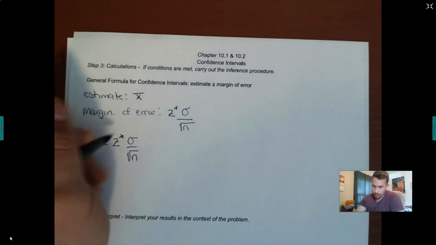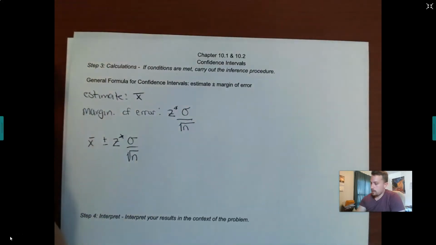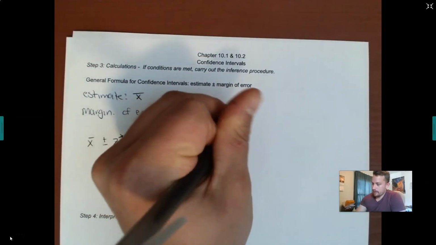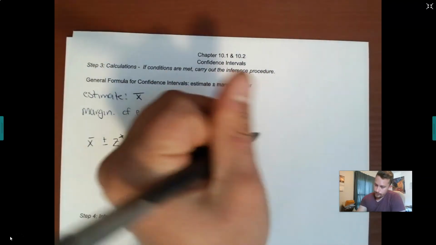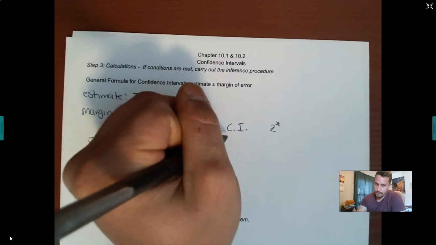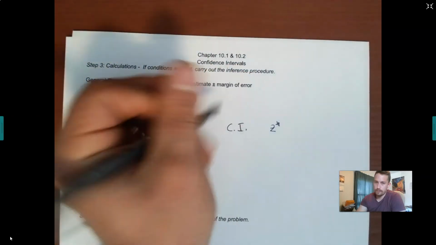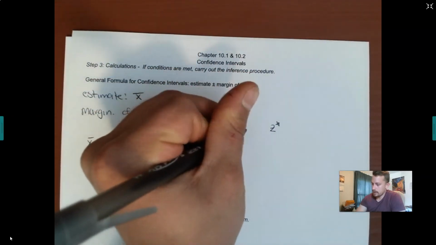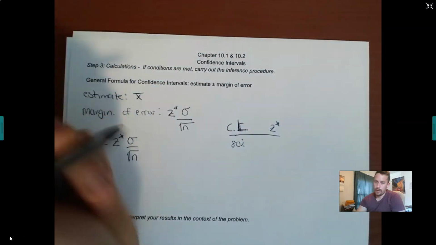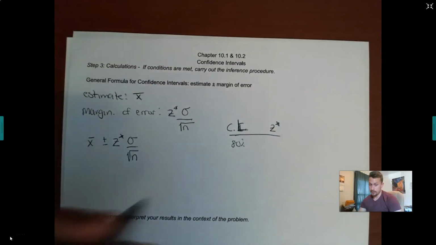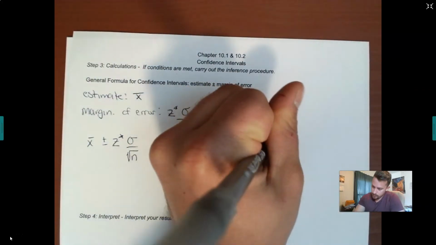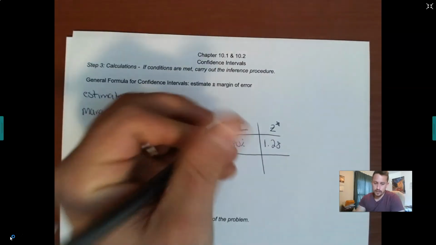So let's first talk about this critical value. This is based off of just like a z-score and a normal distribution. So all I'm going to give you is this simple little chart and what the value of z is going to be based off of the confidence level. So if we have an 80% confidence level, like it says construct an 80% confidence interval, z is going to be 1.28.